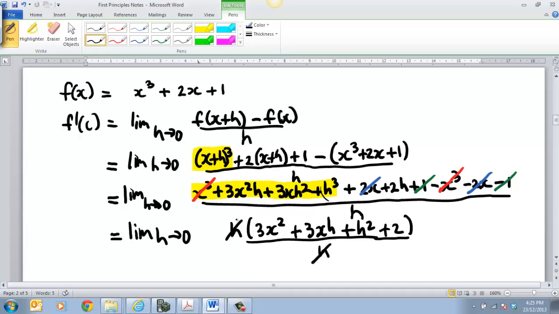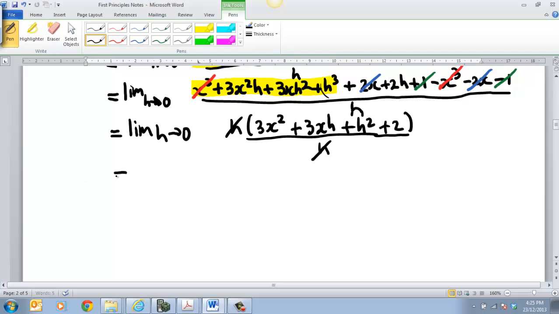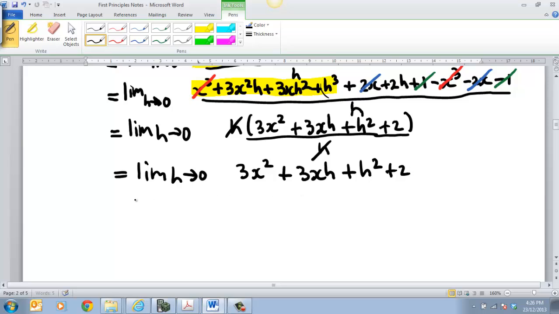Right, and then I'm now in a situation where I can write this as the limit as h goes to 0 of 3x squared plus 3xh plus h squared plus 2. Now what I'm really doing here is taking the limit.